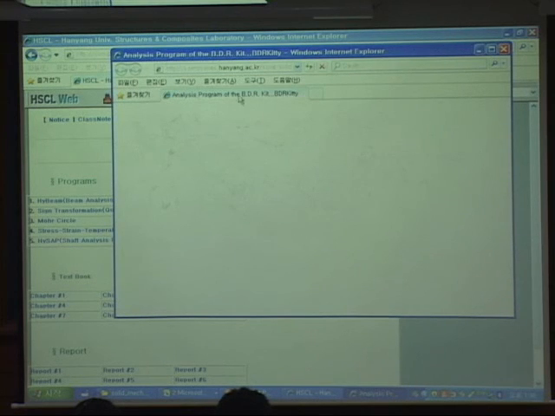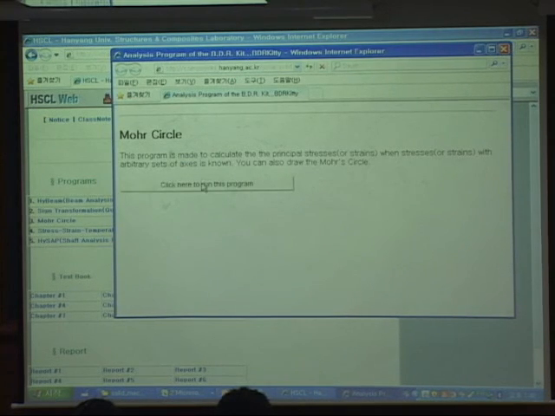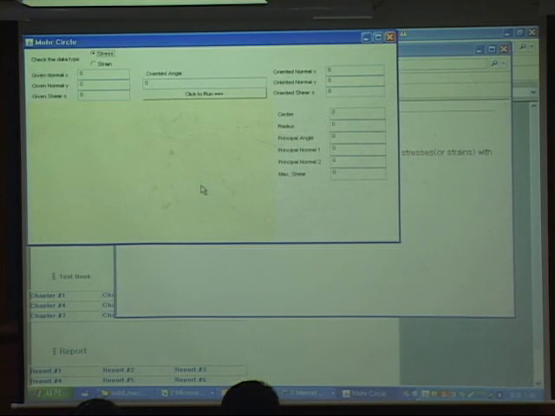More circle program, well, we already have seen this program, and whatever value you get, you better compare with this result.